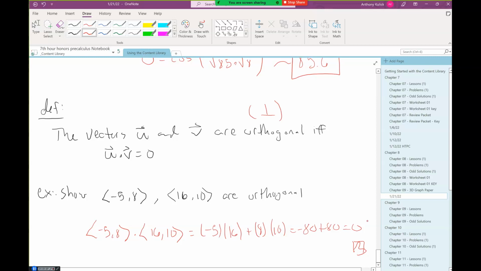Just one line. Pretty easy. Alternatively, what else could you have done here? You could have used the angle between two vectors formula and shown that theta is 90 degrees. But shoot, that's a lot more work than this.